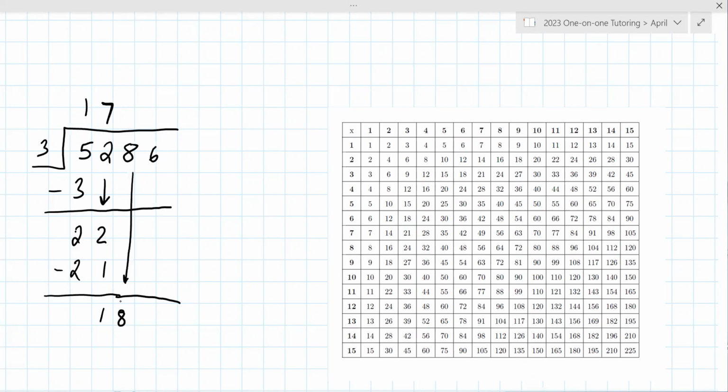How many times does 3 go into 18? 3 going into 18, 6 times. Okay, so put that 6 up here at the top. And then we multiplied 3 times 6, so that gave us 18. Okay, good. Now this is a little bit different. When you subtract, you get 0.